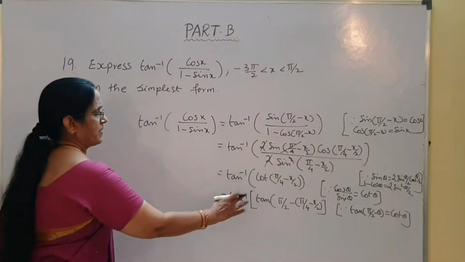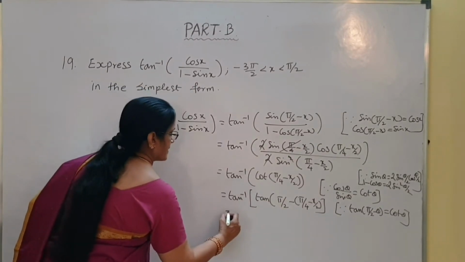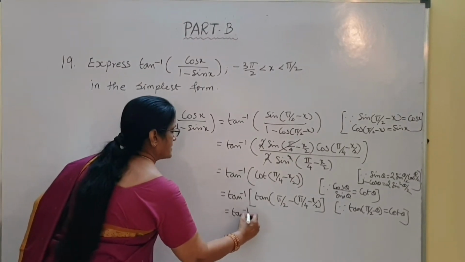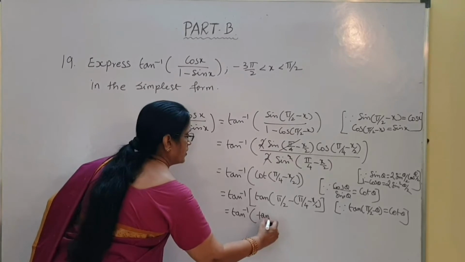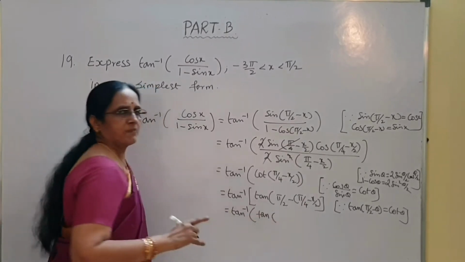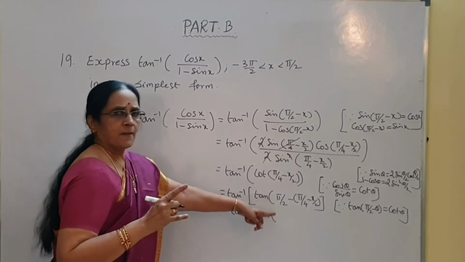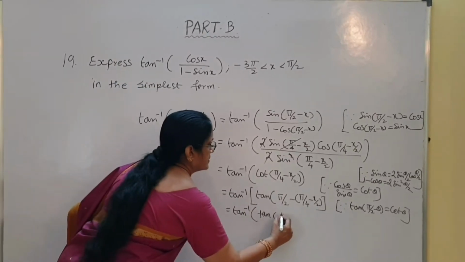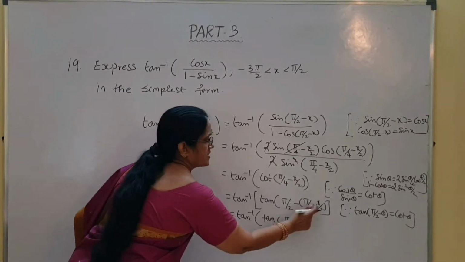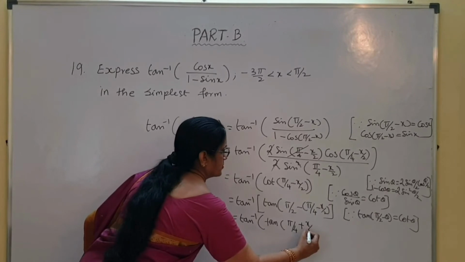Okay, when I simplify this, I will be getting tan inverse tan of pi by 2 minus pi by 4 is going to be pi by 4. Minus into minus plus x by 2.